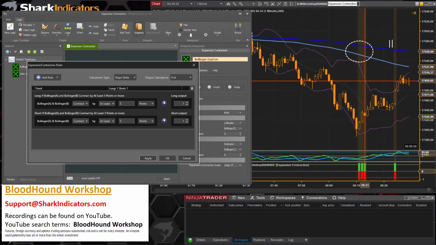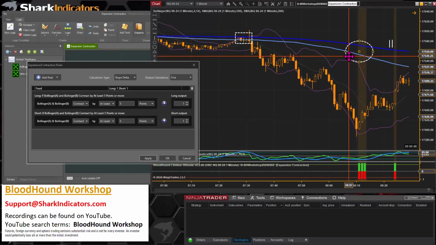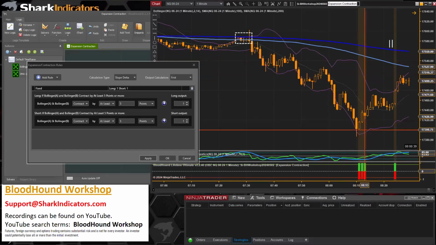We can see the upper band is pulling down really significantly, whereas the lower band is pulling in a little bit. So the upper band is what's causing this contraction that's greater than 5 points from one bar to the next.